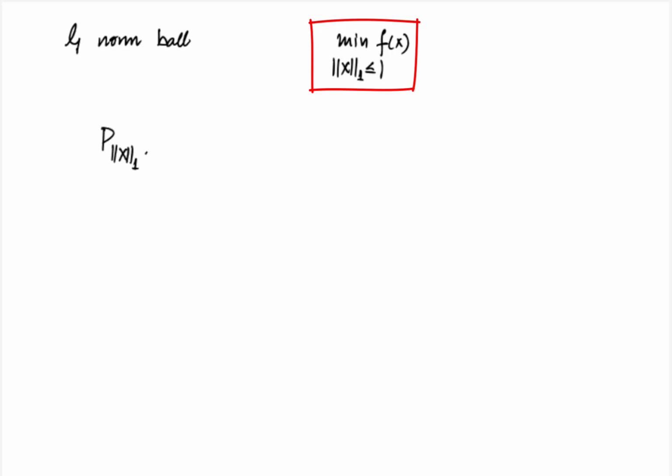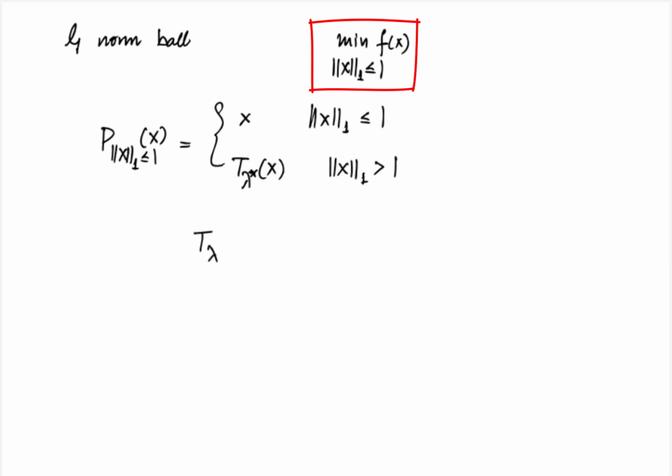The projection onto the L1 norm ball is given by x if ||x||_1 ≤ 1, and T_{lambda*}(x) if ||x||_1 > 1, where lambda* is the solution to the nonlinear equation ||T_{lambda*}(x)||_1 = 1. So this is a nonlinear equation in lambda* and it has to be solved using an algorithm like bisection.